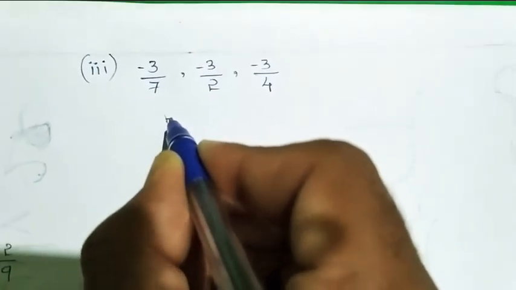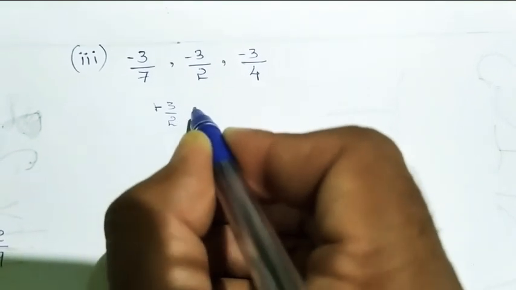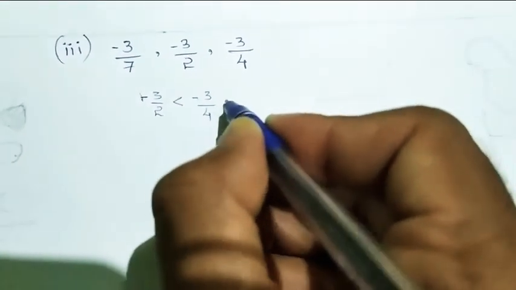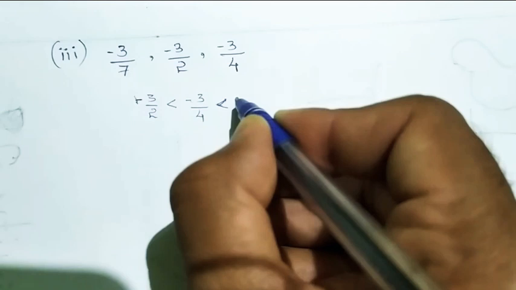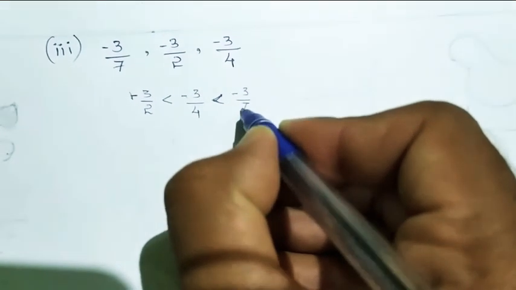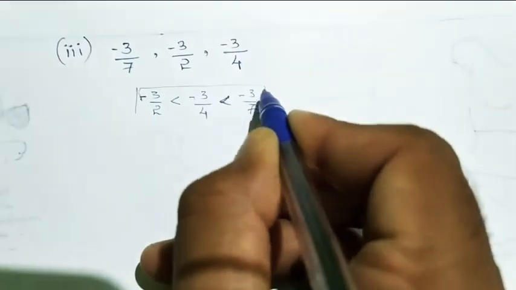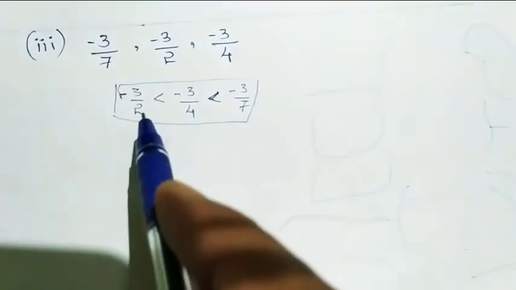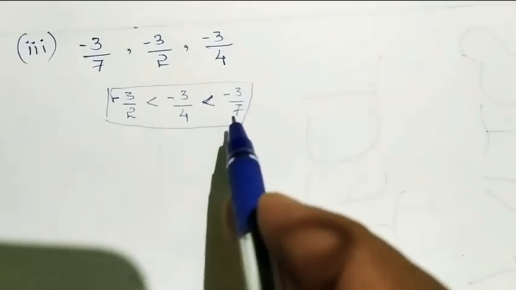So you can write it as minus 3 by 2 is smaller than minus 3 by 4, which is smaller than minus 3 by 7. Okay, so this is the required format of the ascending order: minus 3 by 2, minus 3 by 4, minus 3 by 7.